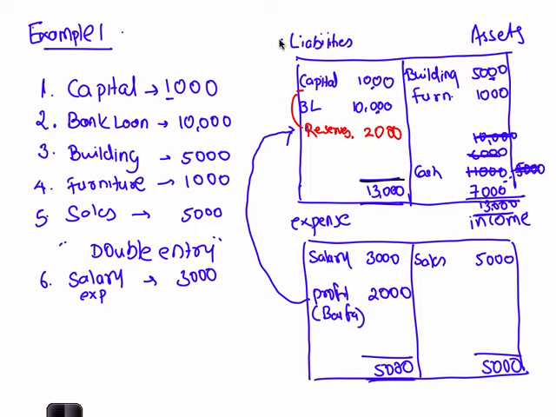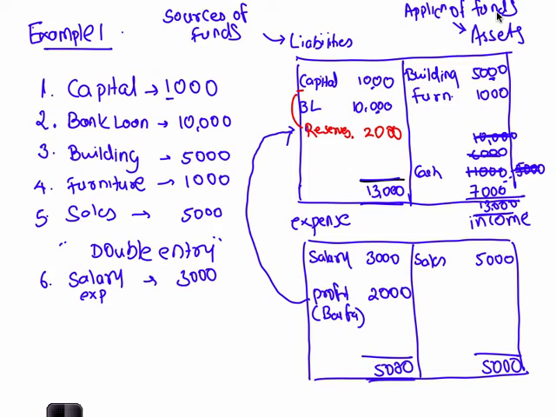These liabilities at times are called sources of funds, and assets are called application of funds. Okay. Now forget the nitty-gritties and think of it from a broader perspective. To do a business, you need to have assets, you need to put money into your manufacturing process.